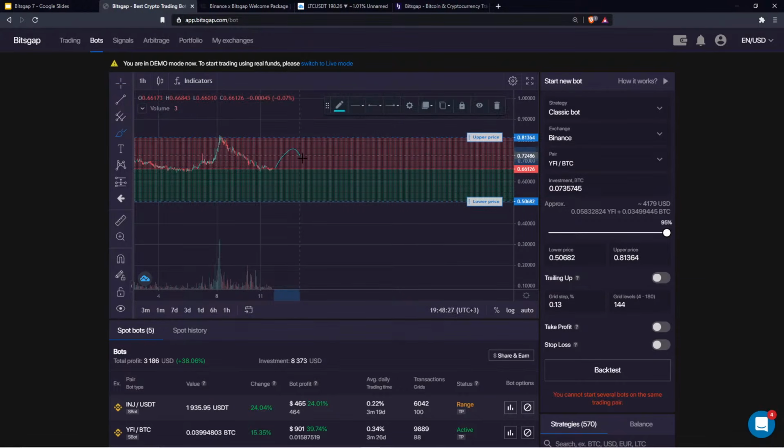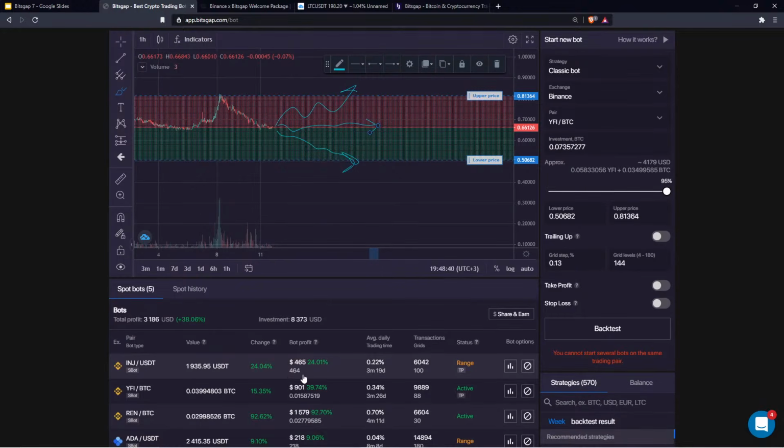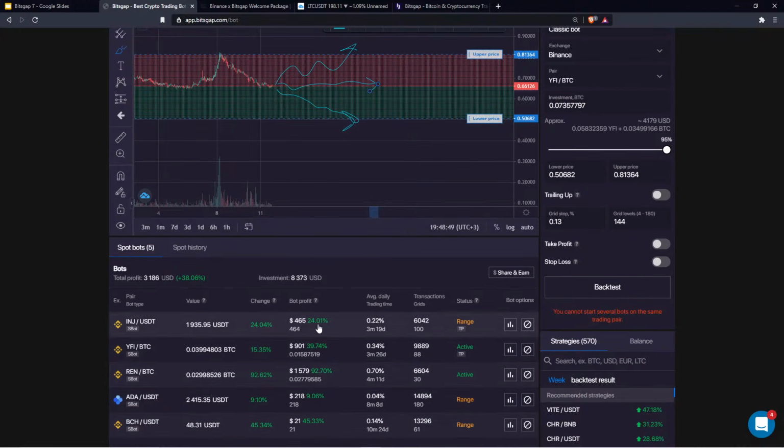So regardless of the market direction, upside, sideways, or even on the downfall, the Bitsgap bot is able to generate returns in the quote currency every single day, regardless of the trend. Okay, so that's why this column is always positive.